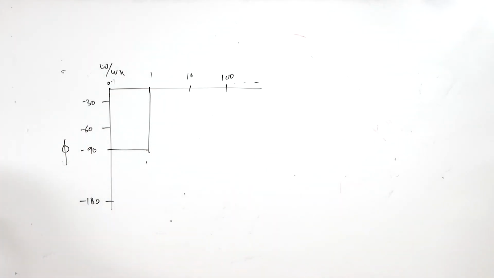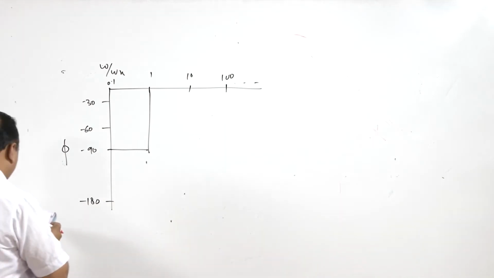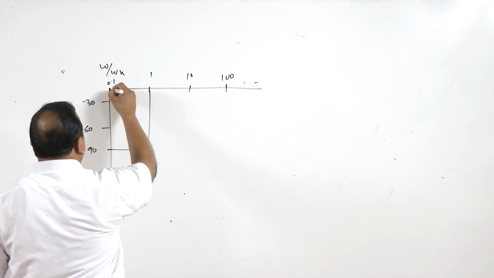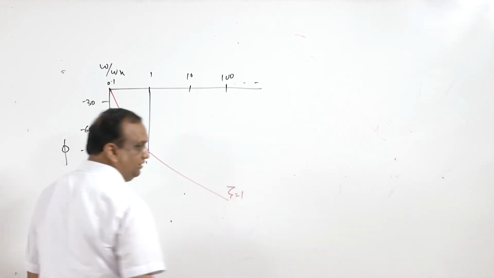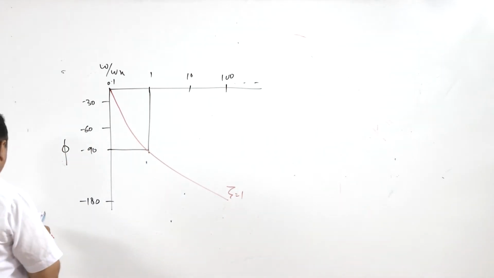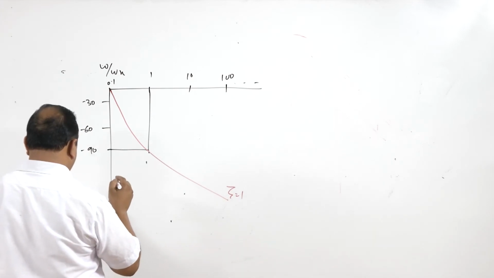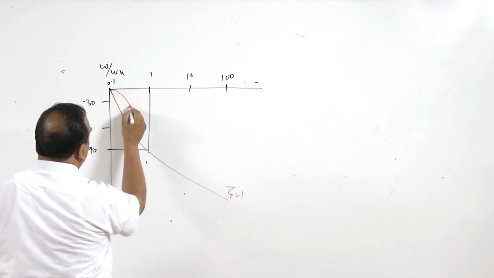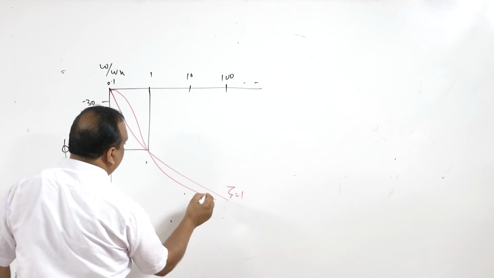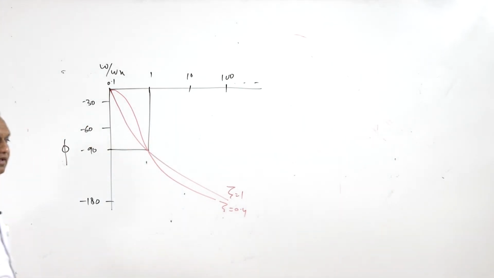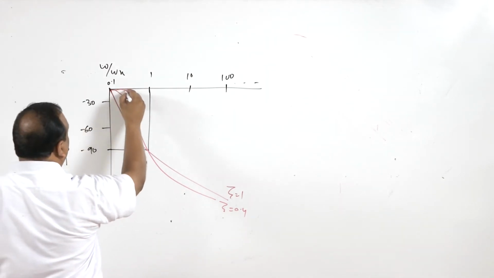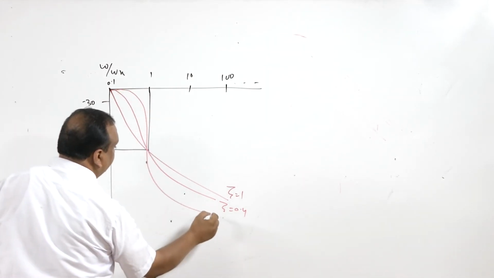Now for all the characteristic curves for the phase, let us start with zeta equal to 1. For zeta equal to 0.4, it is going to be like this. And if we further reduce zeta to 0.1, this graph is going to be like this.